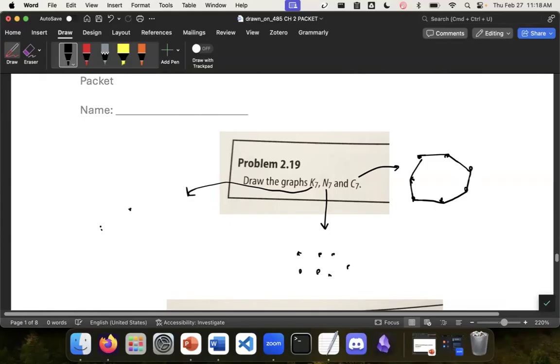K7. That's the complete graph on 7 vertices. So for every vertex, we're just drawing all those possible edges.